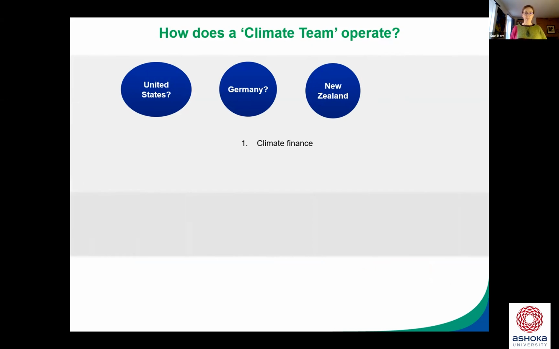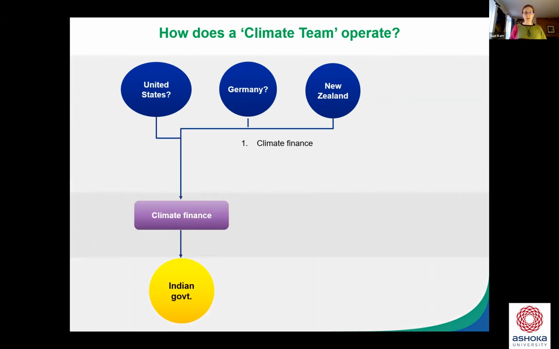So the first part of a climate action team is that once the countries have agreed to work together, so India has agreed to work with the US and Germany, US and Germany now have an incentive to direct their climate finance and their other climate related aid efforts towards helping India actually get to their own nationally determined contribution, because there are no credits to sell unless India is in compliance with its own nationally determined contribution to start with.